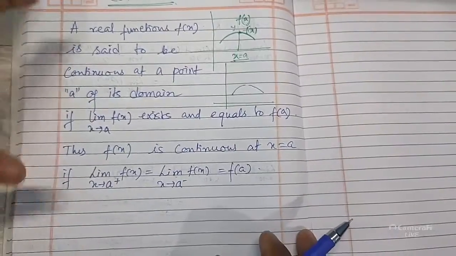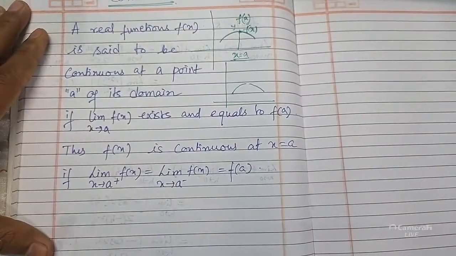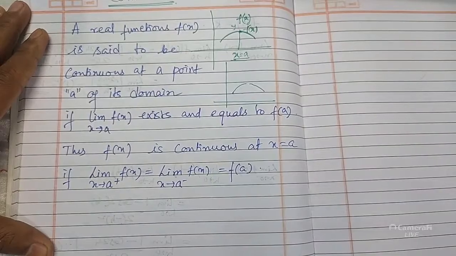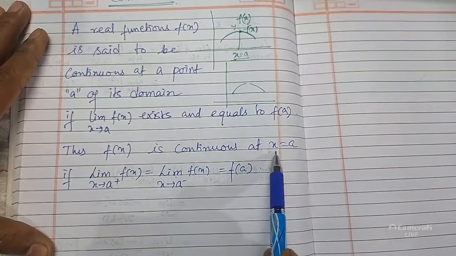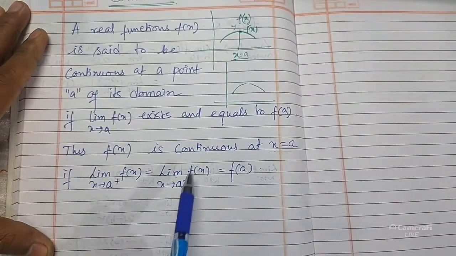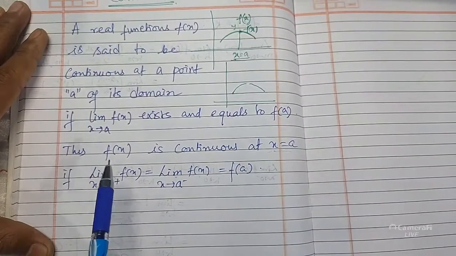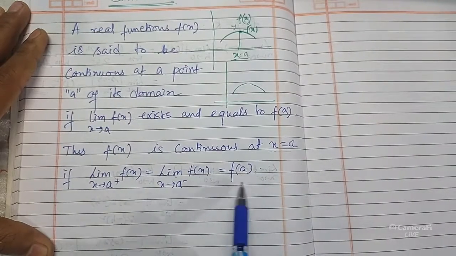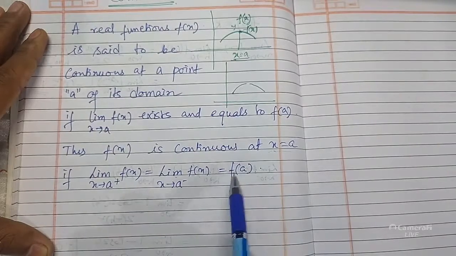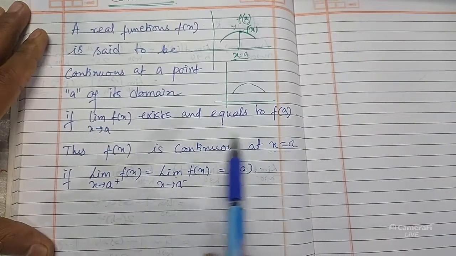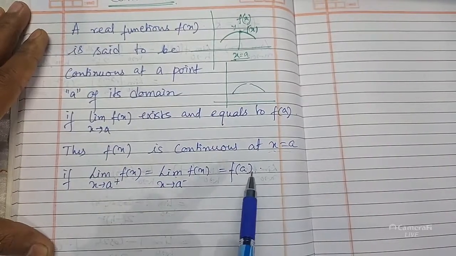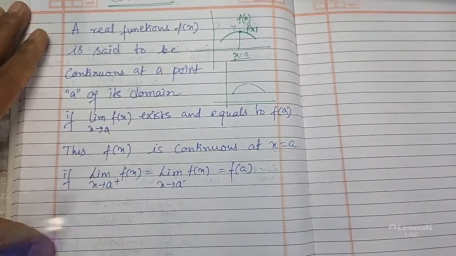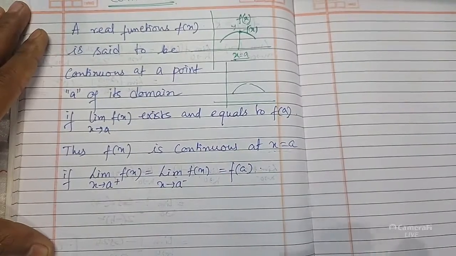Again I am repeating, the function is said to be continuous at the particular point x equals a if the left hand limit and right hand limit are both equal to the functional value. Functional value means, at x equals a, whatever value of f(x) is coming. If that value equals the left hand limit and the right hand limit, then the function is continuous, otherwise it is discontinuous.